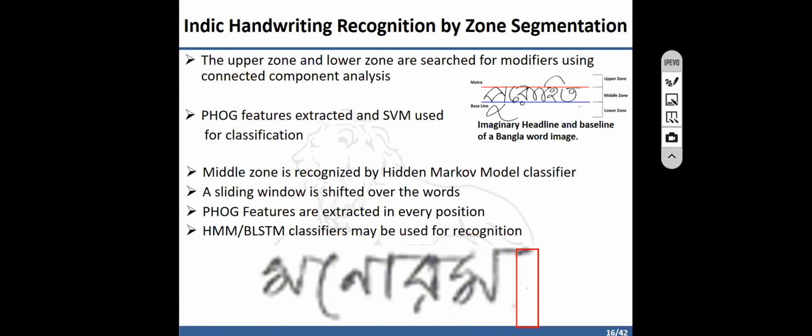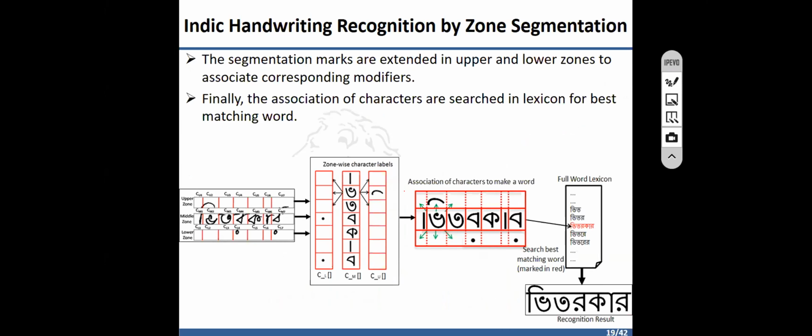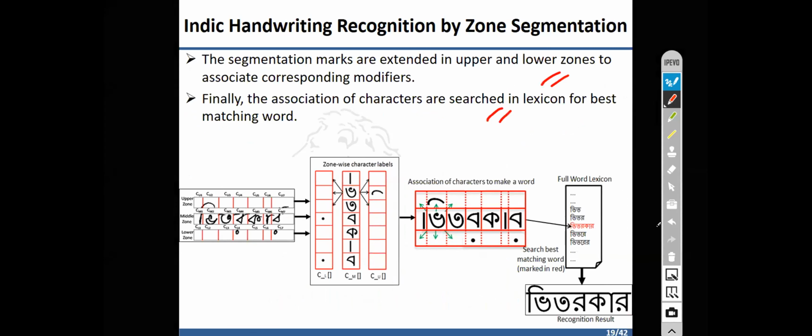So what characters are there? After that, those characters will be combined. Once we know these characters, we combine the upper and lower parts. We know what modifiers are in the upper part, because this will be a single shape. There will be no temporal shift, because this is a single character. There will be some small symbols, and these are mostly segmented. When these are segmented, we do not need time series analysis; we can use a simple SVM or neural net based classifiers.